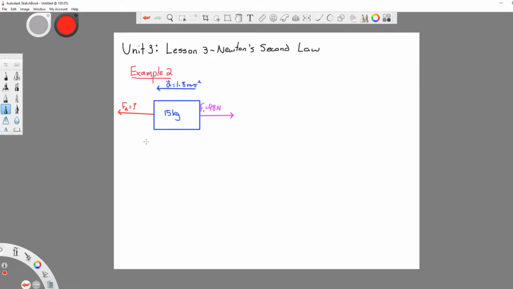Cool. So starting with F net is equal to mass times acceleration. We're figuring out the whole net force on this block. And the whole net force on this block is equal to its mass and acceleration. So this block weighs 15 kilos, and its acceleration is 1.8 meters per second squared.